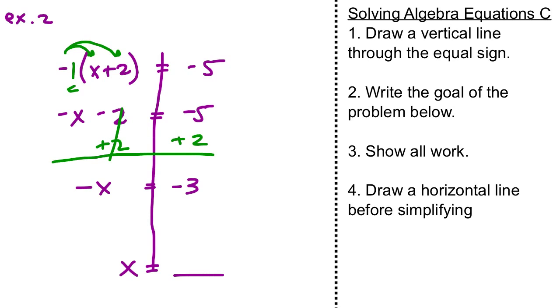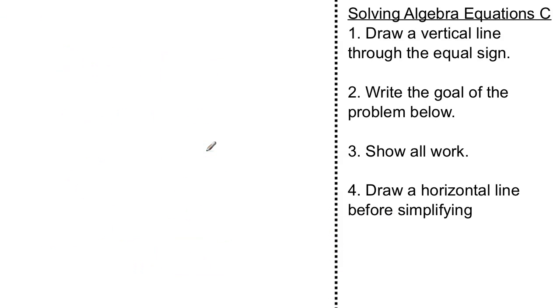Okay, and now here, remember this is a negative 1, so we're going to divide by negative 1 and divide by negative 1. Cool, this guy cancels, and we're left with x is equal to positive 3. Okay, final problem here. We'll do one last example.